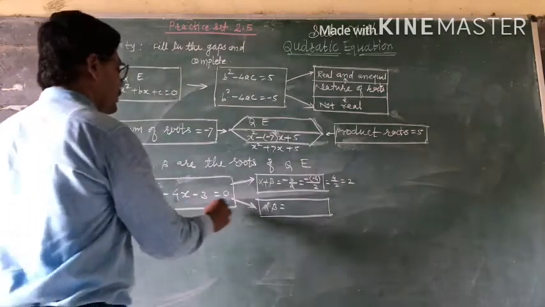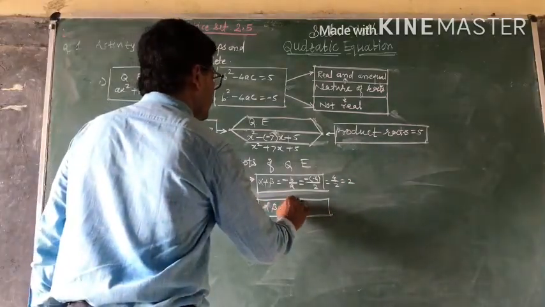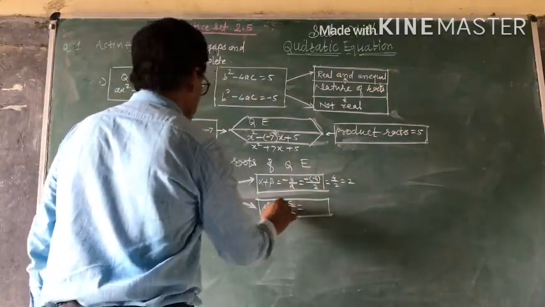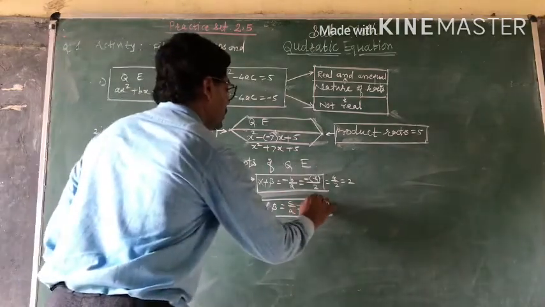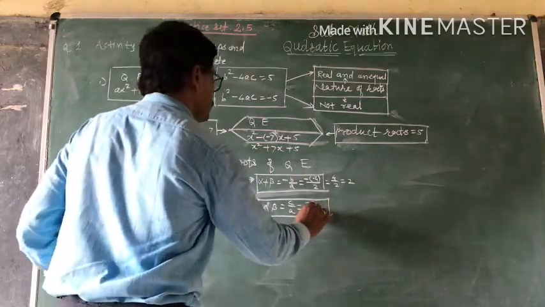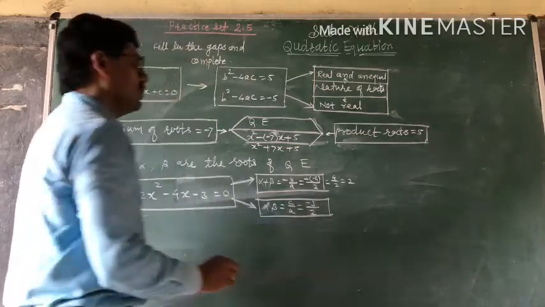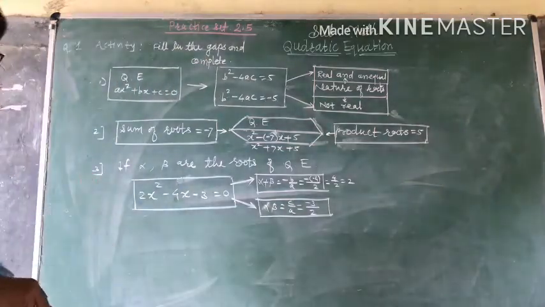And alpha into beta is c upon a, and this c is minus 3 and a is 2. Therefore, minus 3 by 2 is the value.